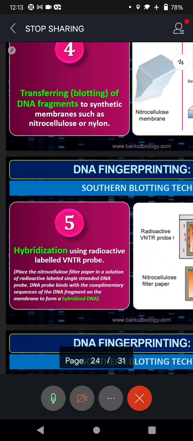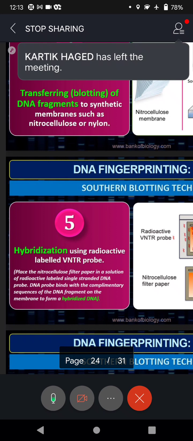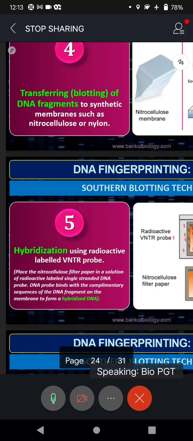So we don't want to take any chance, because the law says an innocent person should not be killed. A criminal may escape, but because a criminal escaped, we should not put that case on an innocent. That is the aim of the law. So we ensure that even one nitrogen base should not be missed from this.